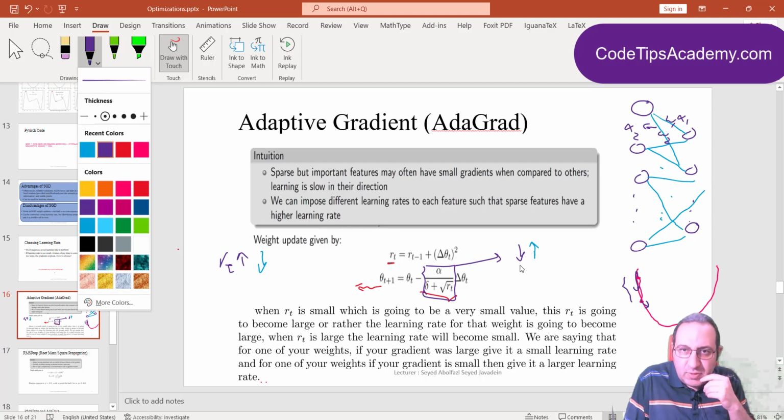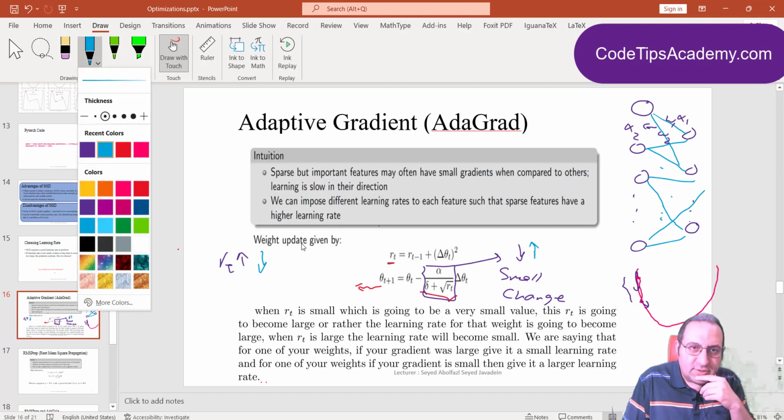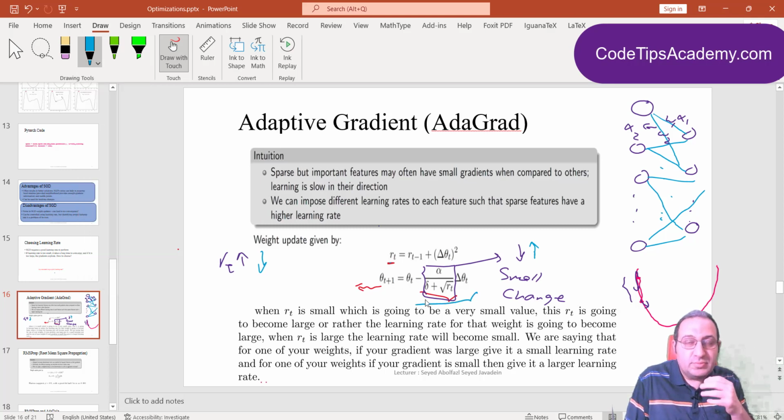But when RT is small, this division gets large, and the old weight will lose a large portion of itself, and this will lead to a big, large change. Okay, that's very easy.